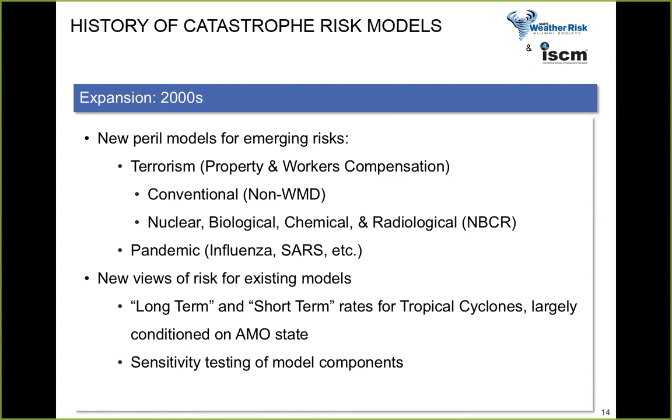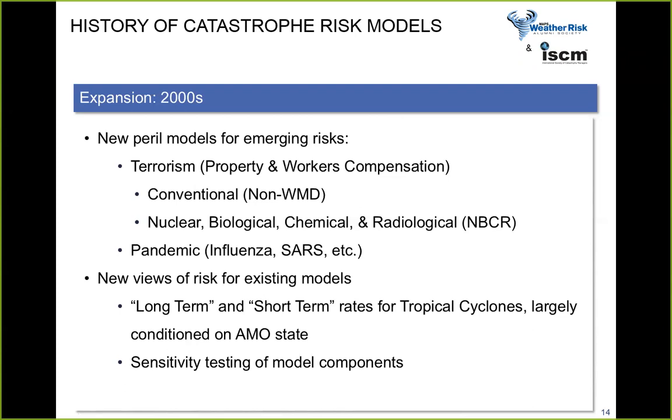Also, in the early 2000s, we had the SARS outbreak, a couple of worries about avian or swine flu, and models for pandemic also started being developed for workers' compensation and life insurance purposes as well.